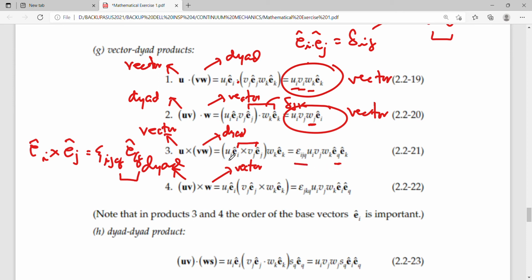And then you just place side by side the remaining quantities UI, VJ, and WK. And so is true with this number 4 problem. No? So just associate now the cross product of V and W here by these two. So it's now epsilon JKQ. So we have an epsilon JKQ, and then you just write the quantities UI, VJ, and WK before writing.